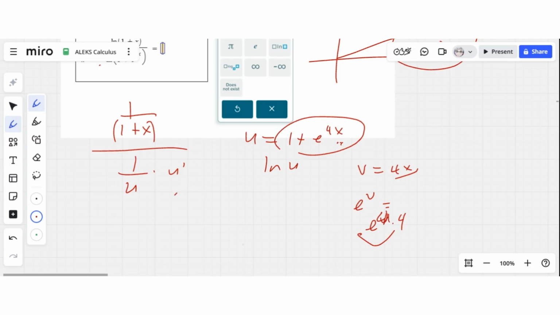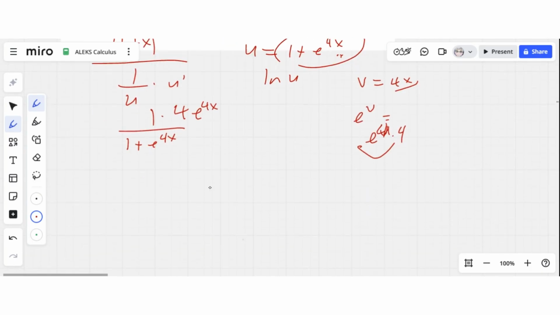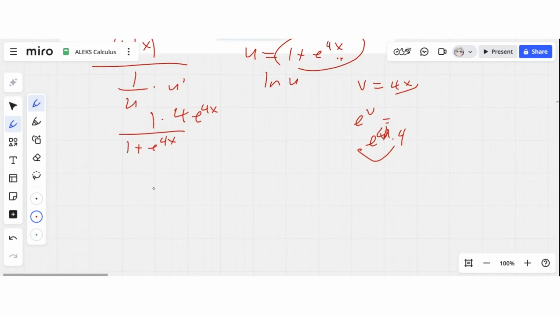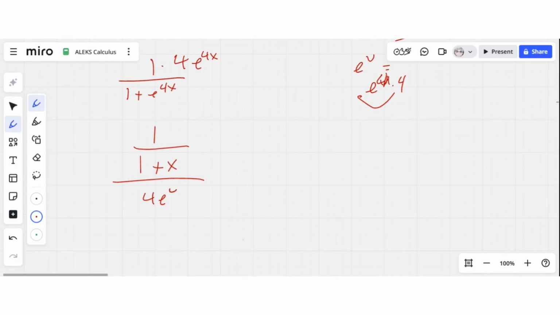So 4 times e to the 4x there. And then we've got 1 over u, and u here is 1 plus e to the 4x. We can multiply this on the top. So let me rewrite this whole thing. It's getting complicated. I've got 1 over 1 plus x, and then I've got 4 e to the 4x over 1 plus e to the 4x.